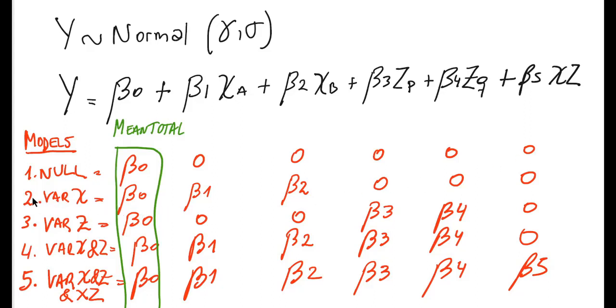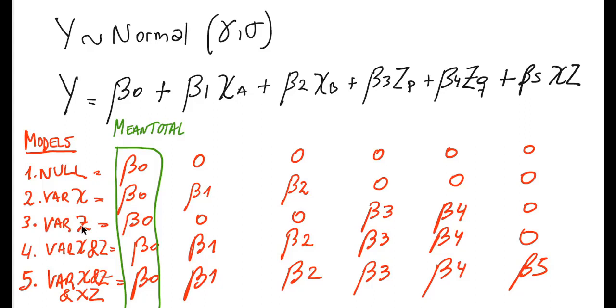For model 2, which I call variable x, it means that the variable x will have an effect on the outcome variable y. So basically, beta 0, beta 1, beta 2 will be estimated with the data, but beta 3, beta 4, and beta 5 will be fixed to 0. Model 3 is variable z.